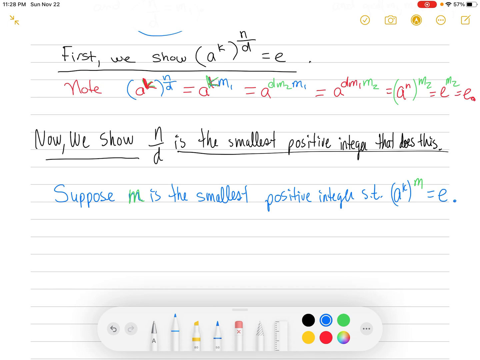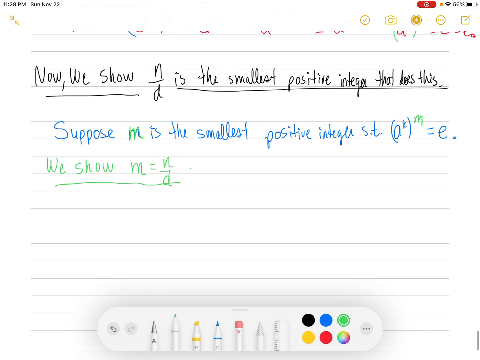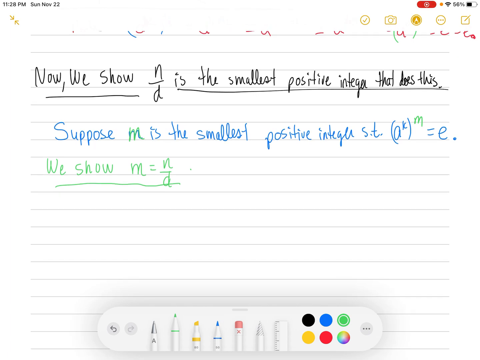We're going to show that m is actually equal to n over d. We show m equals n over d. So how will we do that? Tricky. Okay. So first of all, note the following.